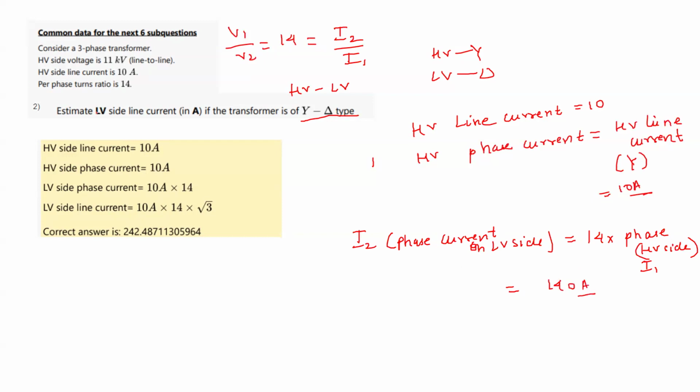But in the question we are asked the line current. Now you remember the LV side is delta. In delta connection, what is the relation between line current and phase current?